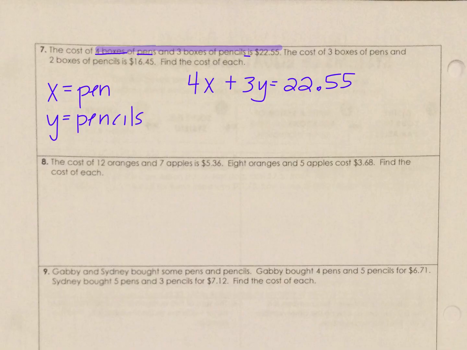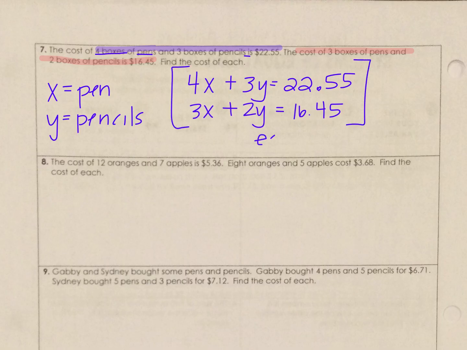The cost of 3 boxes of pens and 2 boxes of pencils is $16.45. So 3 boxes of pens, we know that's our X, plus 2 boxes of pencils is $16.45. Type both of these into the equations app.